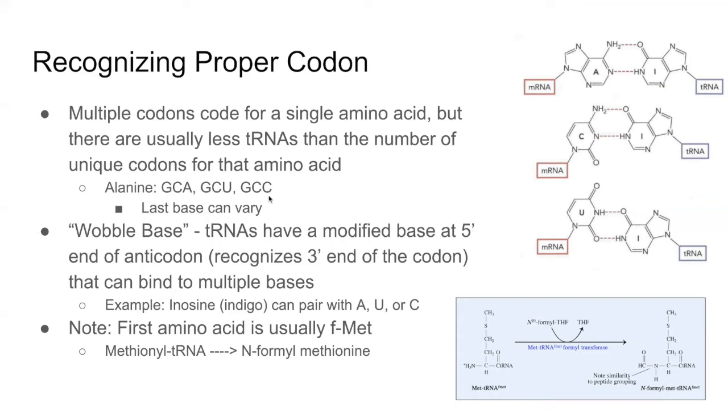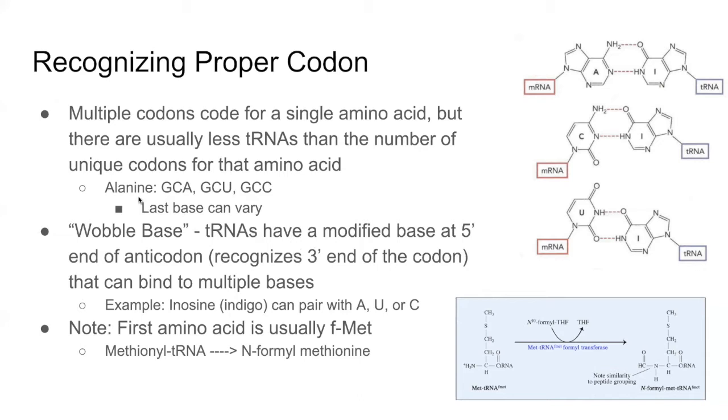So we said alanine has a specific tRNA. Now, in theory, if you want to recognize GCA, GCU, and GCC, then you should have at least three different tRNAs that have the anticodon to these letters. But that implies that each amino acid has multiple tRNAs, which is too much, and the cell finds a way to minimize that.